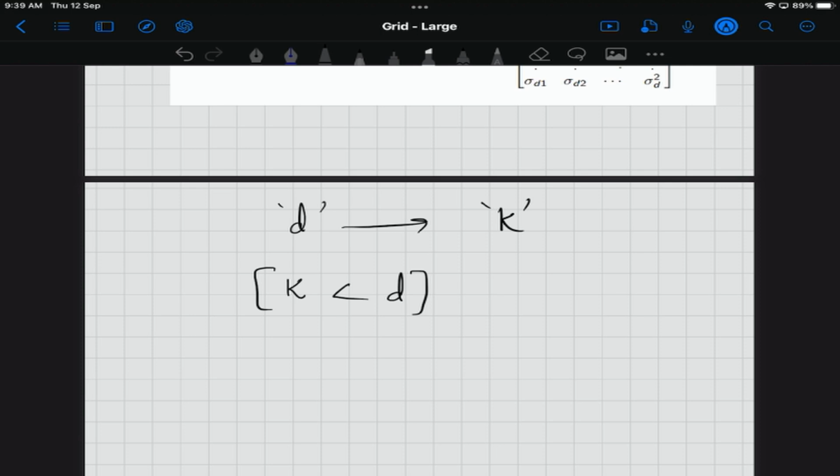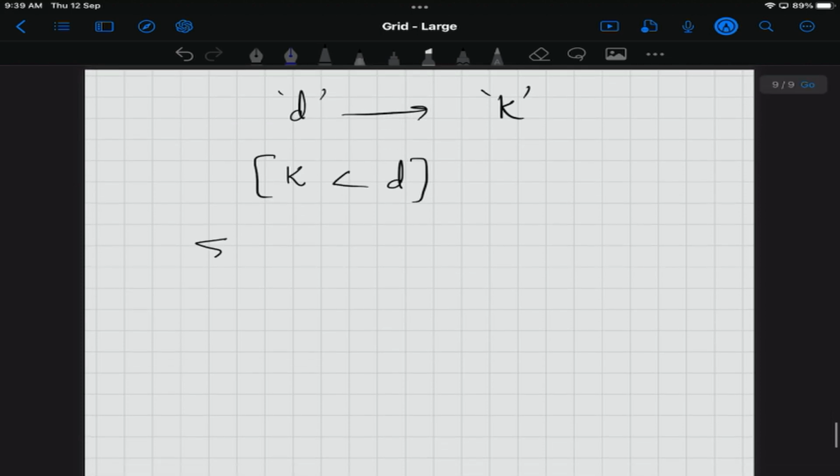In such cases, I am saying that your covariance matrix may become singular. Do you agree with that? Because you don't have enough samples to estimate that full rank matrix, right? So in such cases also your matrix may become singular.